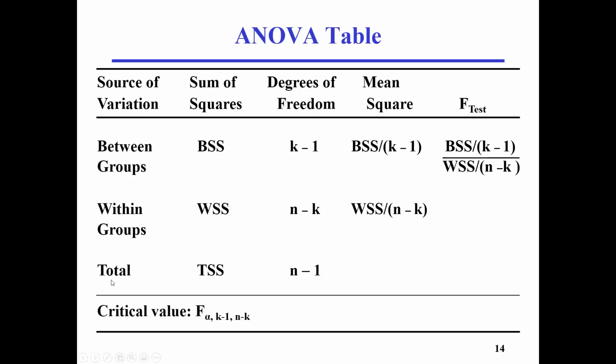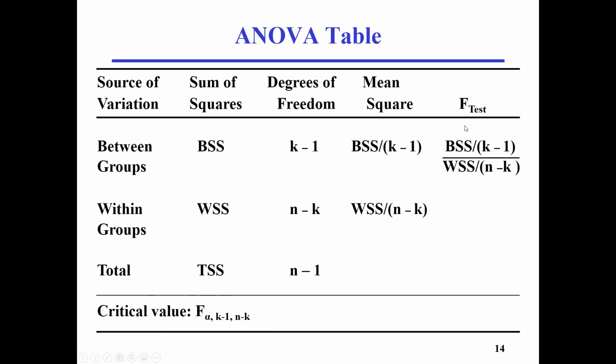And TSS, you can also calculate it, and eventually you go to the F table to find out the critical value, right? So F alpha, K minus 1, N minus K. And the last step of ANOVA, you compare this critical value with the F-test value you just got from this table.